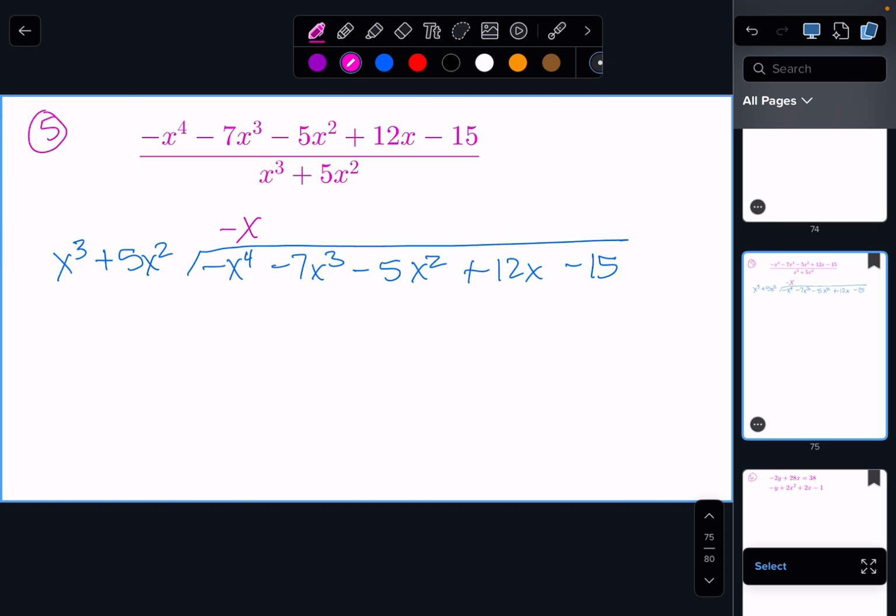Negative x, yeah. And that will be negative x to the fourth minus 5x cubed. This is actually easier to do when you have lots of colors. 0 and negative 2x cubed minus 5x squared.